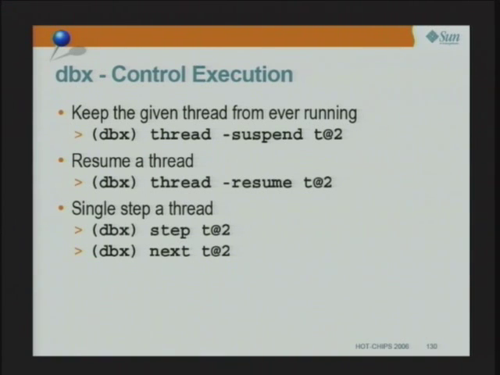Or you can resume a specific thread, for example the previously suspended thread T3, or T2. Or you can single-step a particular thread: you single-step only this thread, and all the other threads stay where they are.